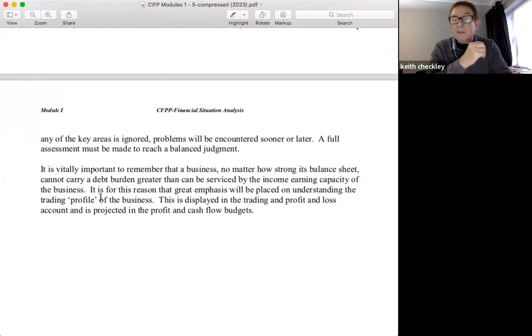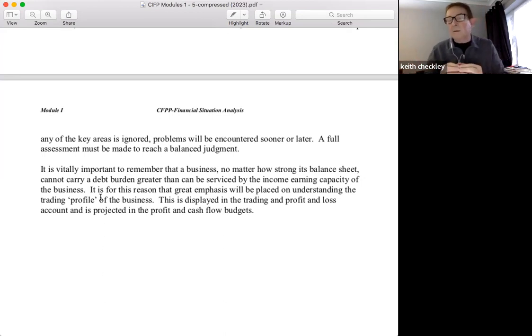So it's for this reason great emphasis must be placed on understanding the trading profile of the business, and this will be displayed in the trading and profit and loss account, commonly known nowadays as the income statement, and is projected in a projected profit and a projected cash flow budget.